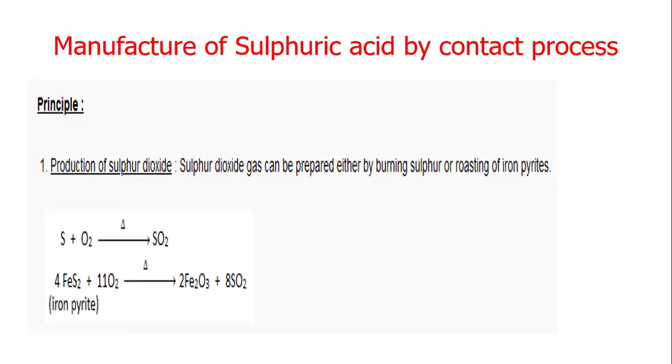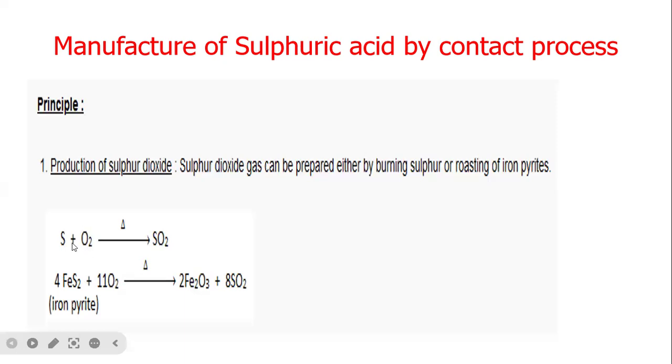Now, I'm discussing the manufacture of sulfuric acid by the contact process. For the production of sulfuric acid in industries, first of all, sulfur dioxide is produced by the burning of sulfur or iron pyrite.